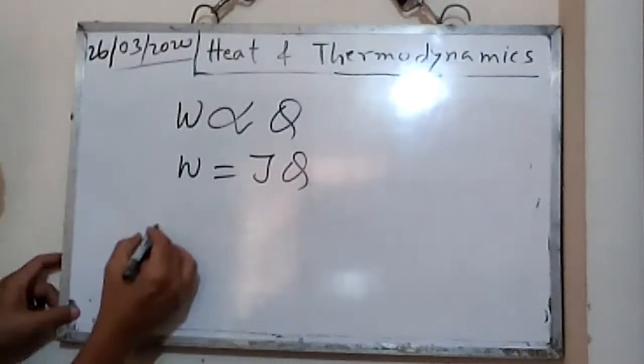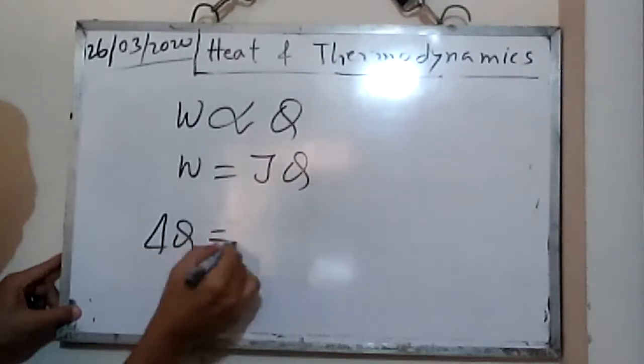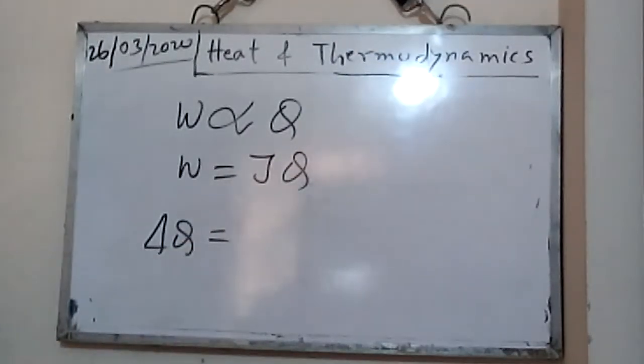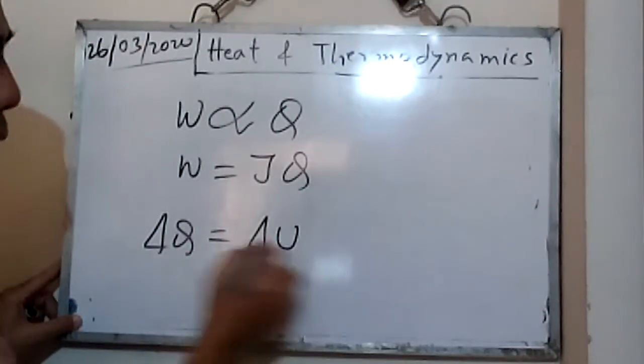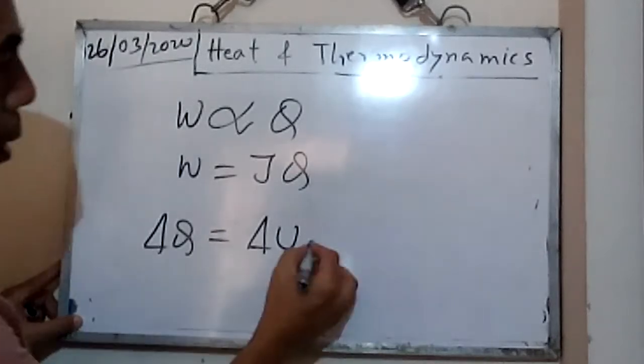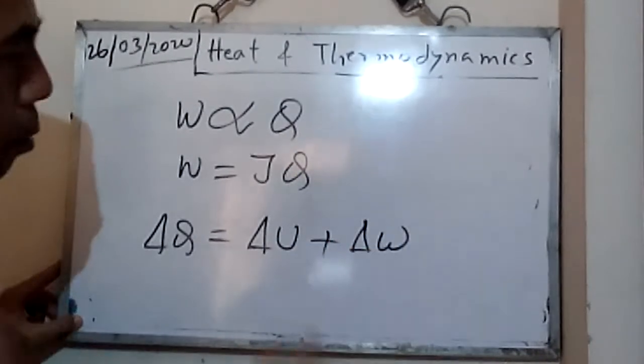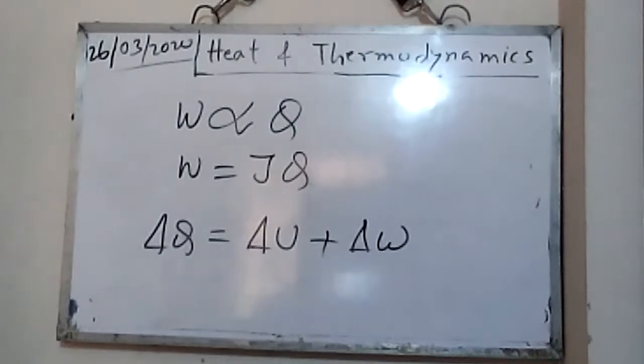That is, suppose this is the amount of heat energy given to a system, and this heat energy will be split into two sections: one to increase the internal energy of the system and the other the work done by the system. This is also the first law of thermodynamics.